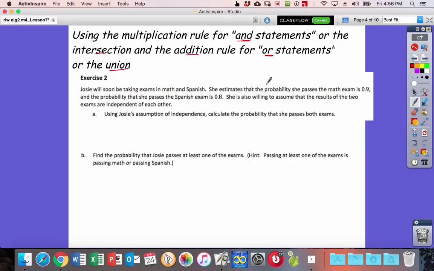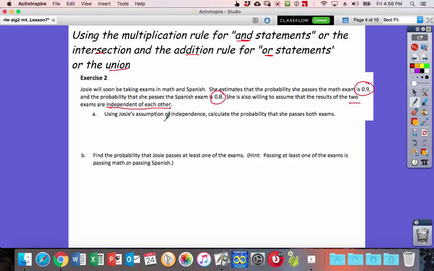She estimates the probability that she passes the math exam is 0.9. Probability that she passes Spanish is 0.8. She is also willing to assume that the results of the two exams are independent. They need to be independent of each other, just like in the car, brakes and transmission were independent.